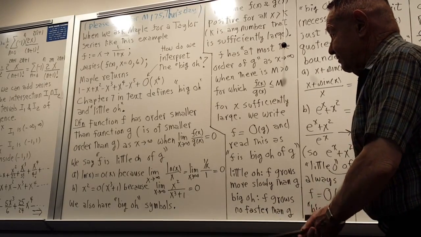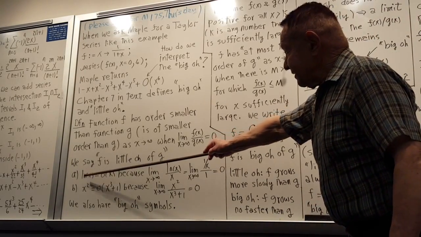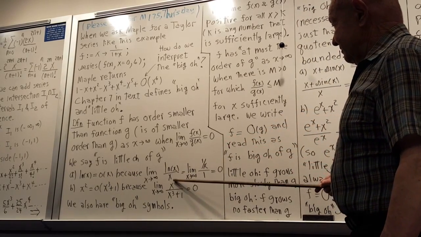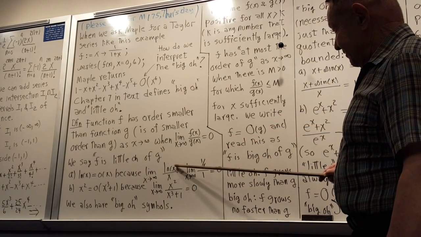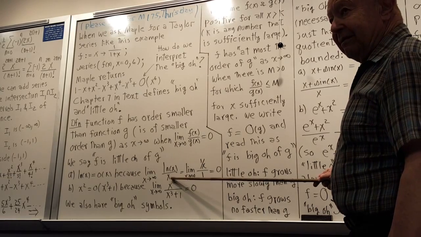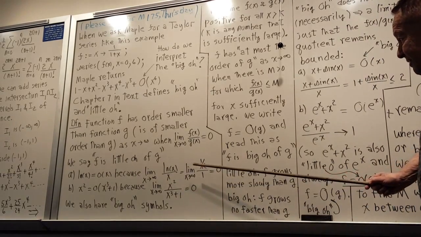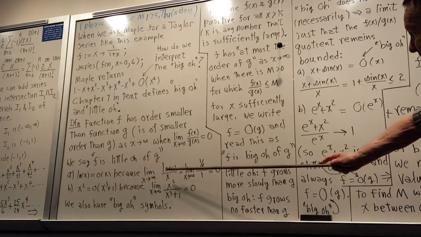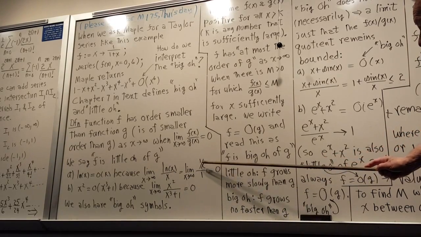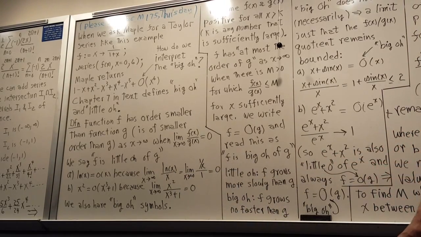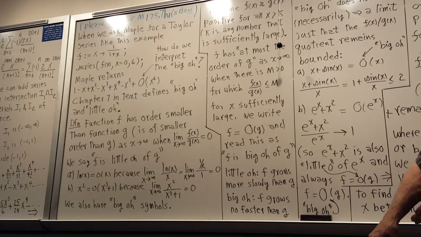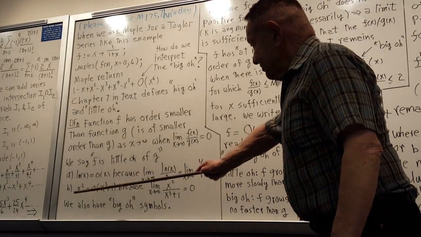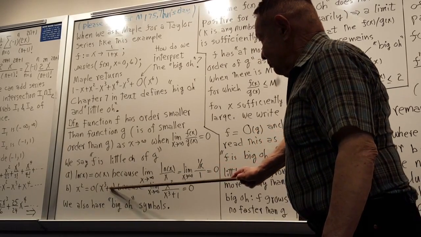So, for example, log x is little o of x because this limit, which you see is infinity over infinity, if you do the derivatives, is this limit from the log, 1 over x, this limit's 1, and then your limit of 1 over x is 0, because 0 is a horizontal asymptote. Or you could say x squared is little o of x cubed plus 1.